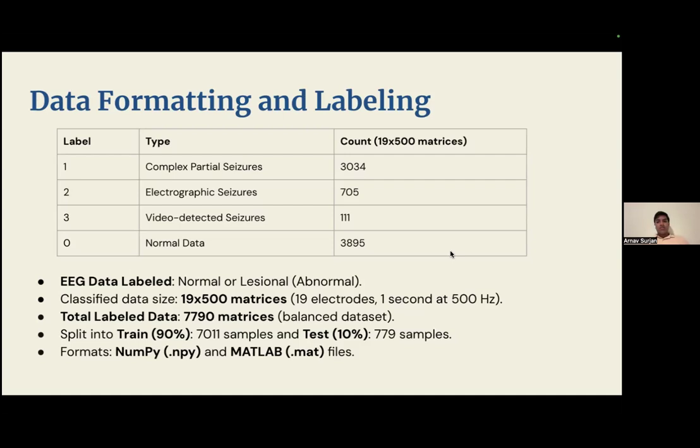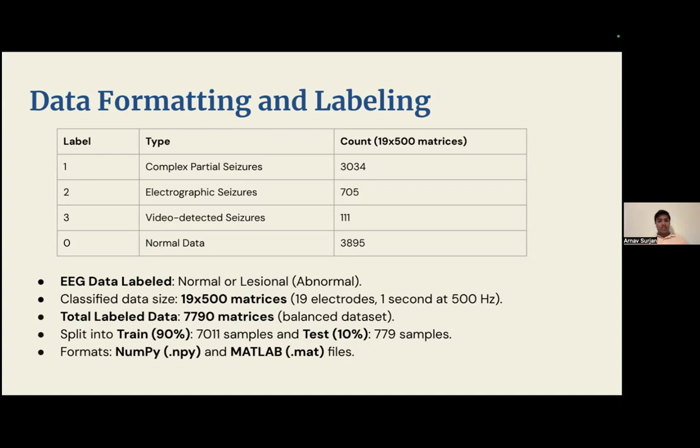Originally, the data set was formatted in this fashion, where the data was labeled 0 through 3, because there were four types of seizures that were collected. And we formatted the data in a way that labeled the data as either normal or lesional, so abnormal.